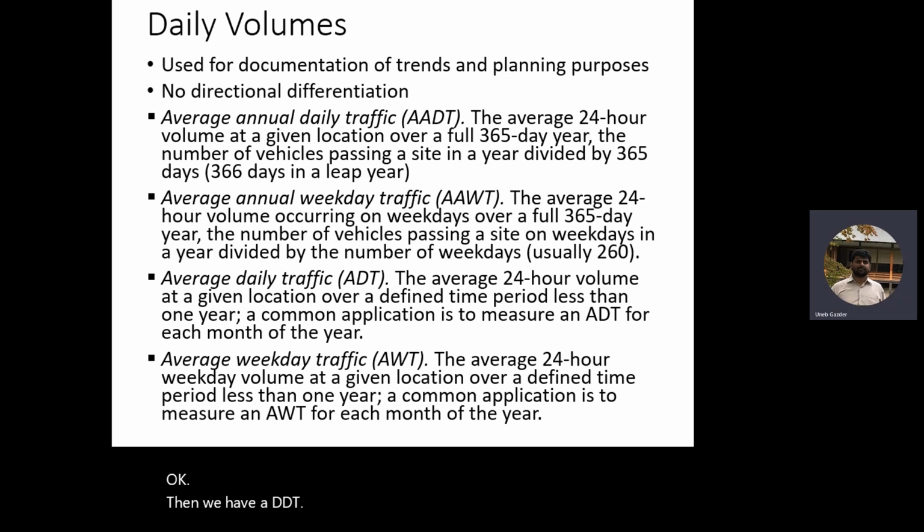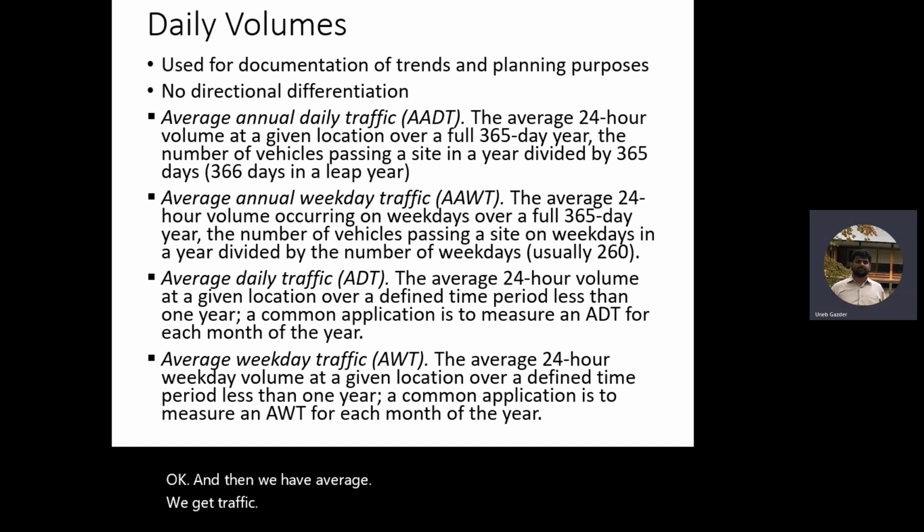Okay. Then we have ADT, average daily traffic. So it's an average for daily traffic, but less than 1 year. So no annual here. Annual is gone, right? So no annual. It can be 1 week, 1 month, 3 months, 6 months, anything less than 1 year. And then we have average weekday traffic.